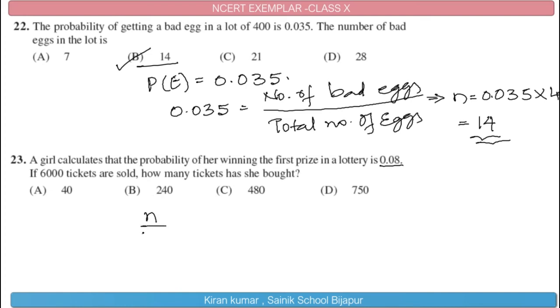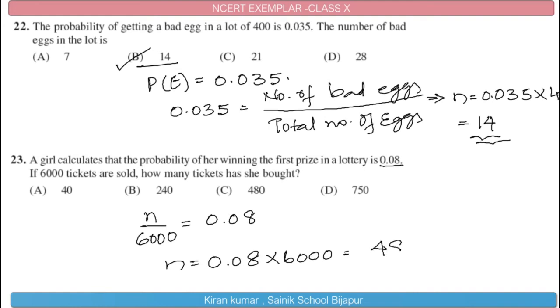Out of 6,000, probability is 0.08. So we need to find n, which is 0.08 multiplied by 6,000. This will be 48 followed by 5 zeros, then 2 decimal places. So we get it as 480. So option C is the right answer.